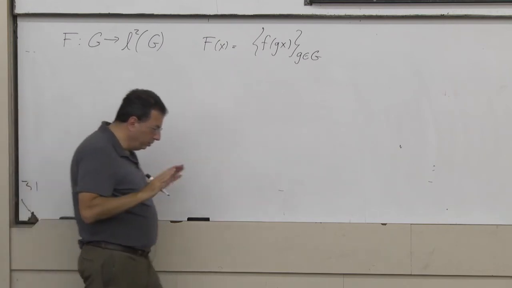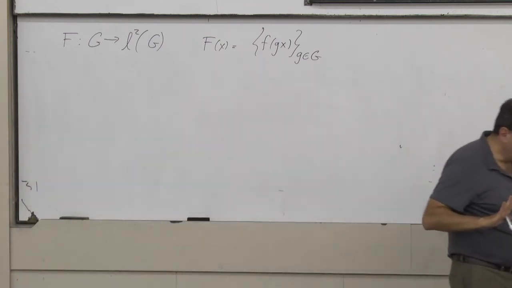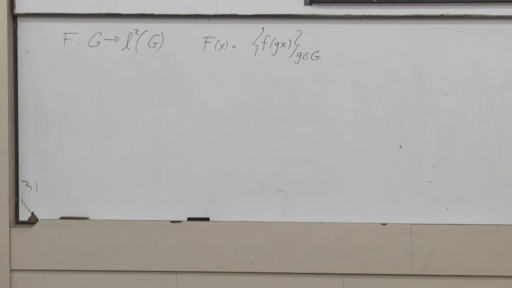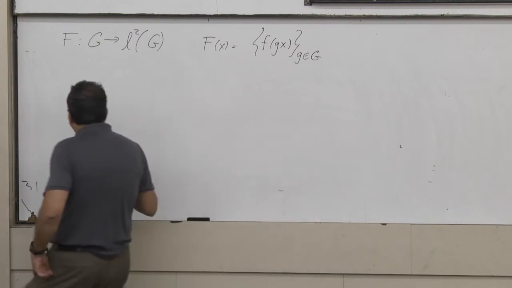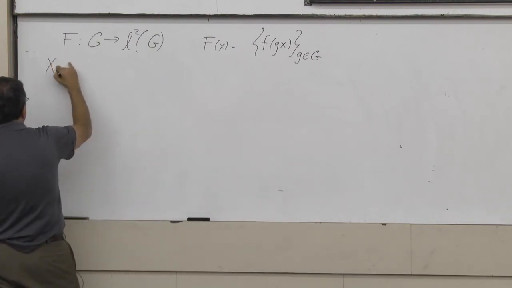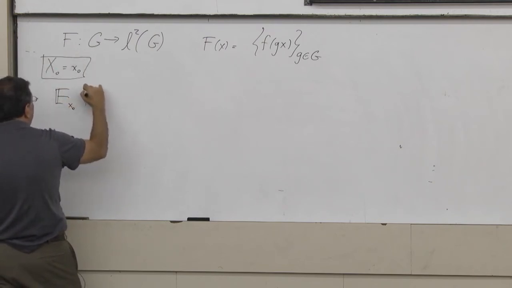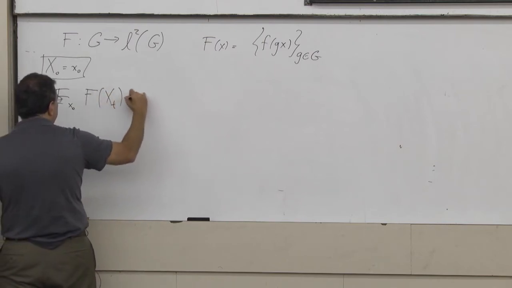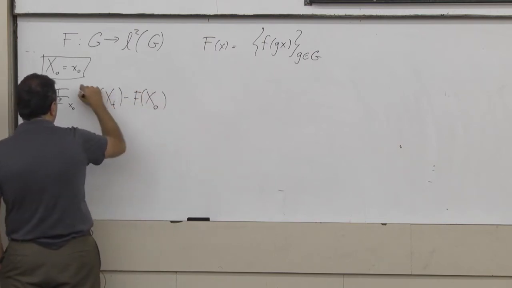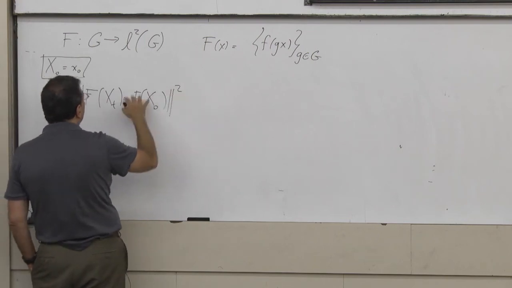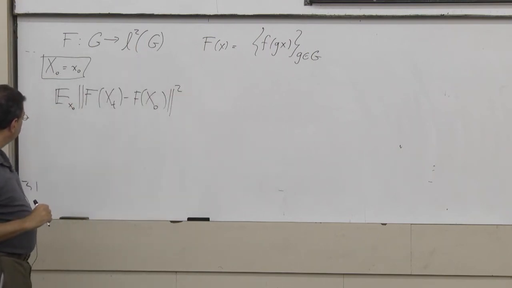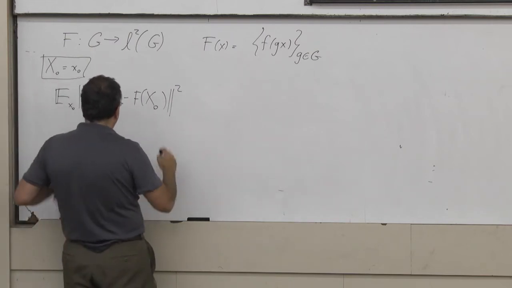So the idea is that we want to understand distances for the walk. We'll map into this Hilbert space and see distances there, and then convert back. So for this, we're going to start x0 at some initial point, a fixed point in the group. And then we're going to compute the expectation, starting at that point, of the norm squared of F of xt minus F of x0. And this is the Hilbert space norm in L2 of G. Let's write it explicitly.